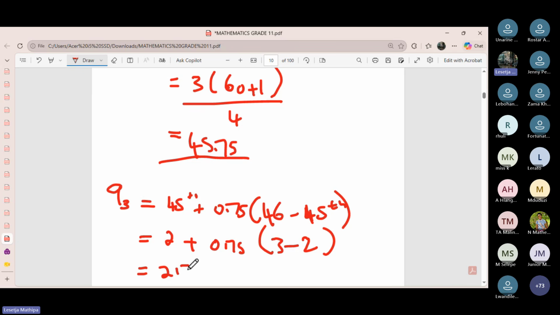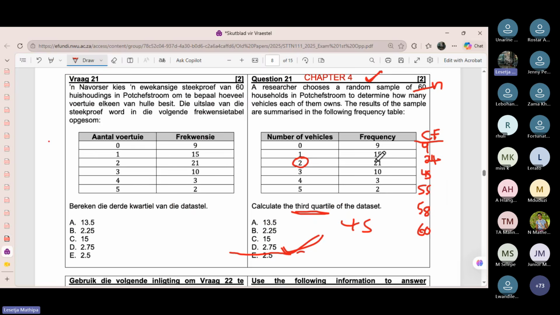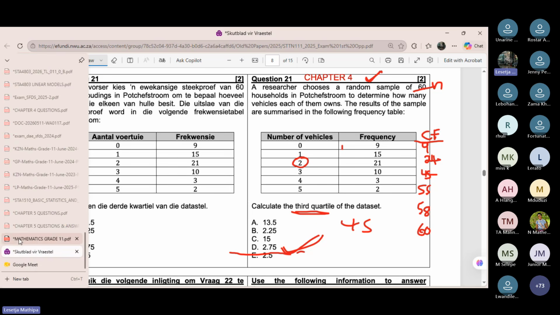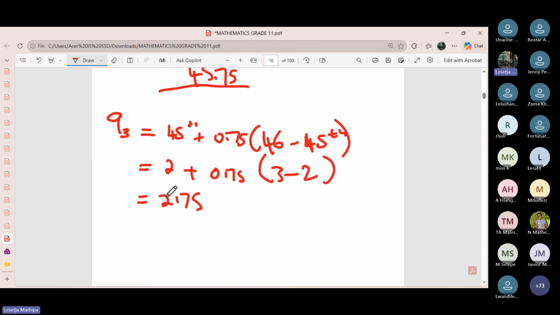So step 1, create a column for cumulative frequency. Then you check your position, 45, and check which vehicle it falls in, vehicle number 2. So 45.75 is between positions 45 and 46. Position 45 gives 2, position 46 gives 3. Then you use this formula, and you get 2.75.